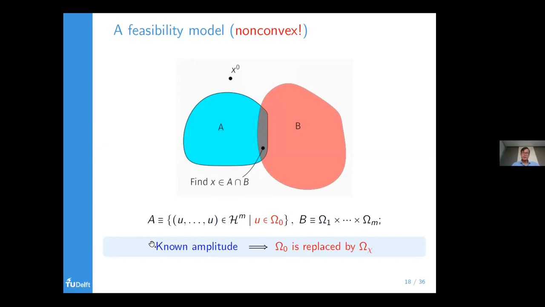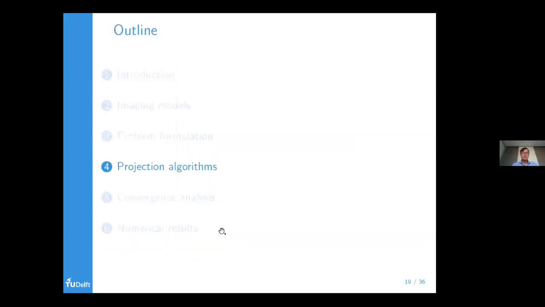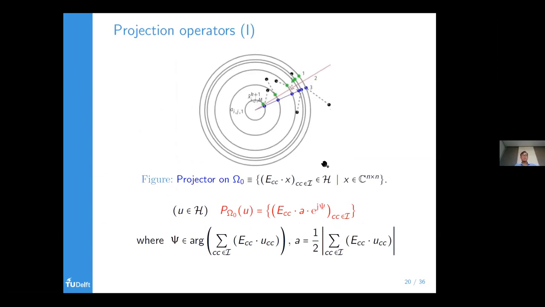And of course, if the amplitude of the generalized pupil function is known, then the general constraint is replaced by the amplitude constraint. So we are going to compute the projectors and discuss projection algorithms.